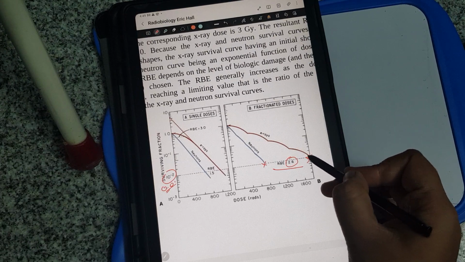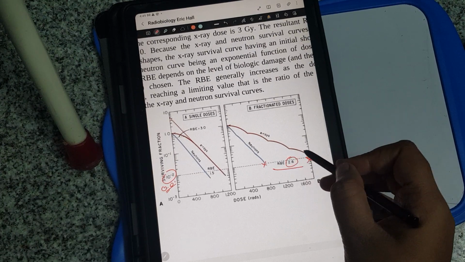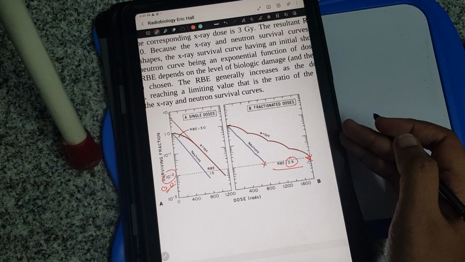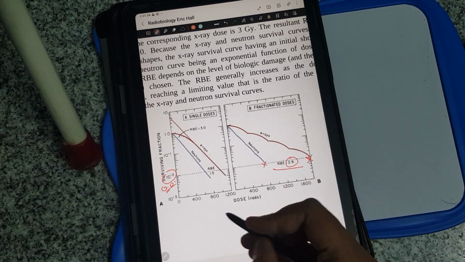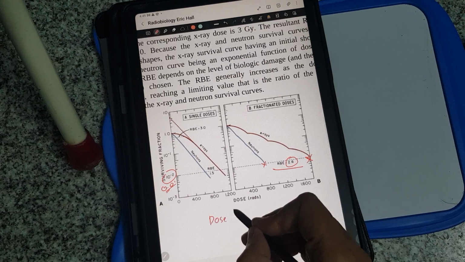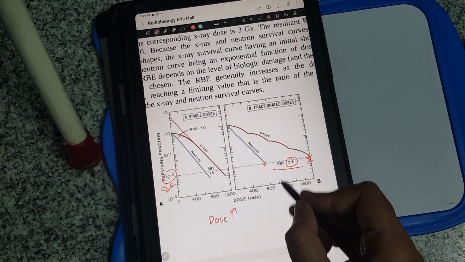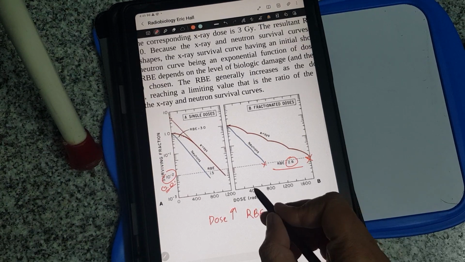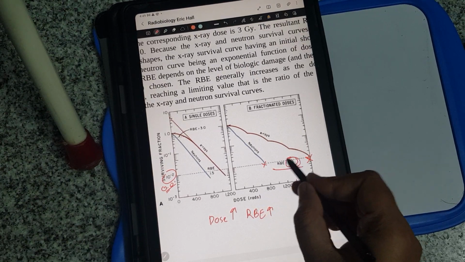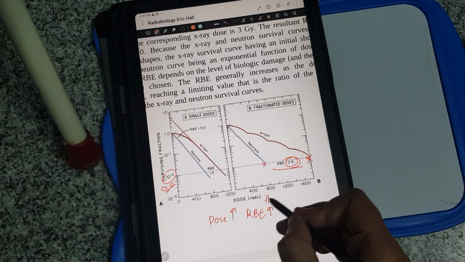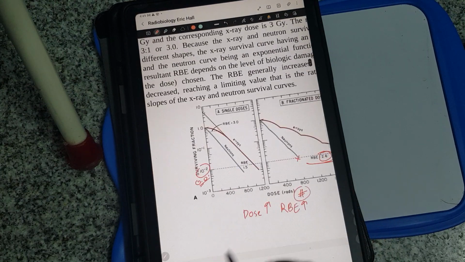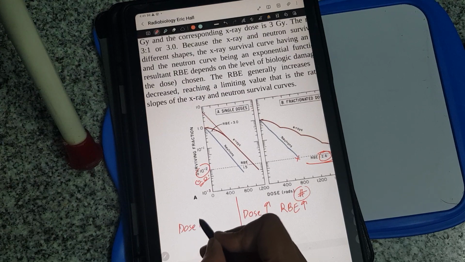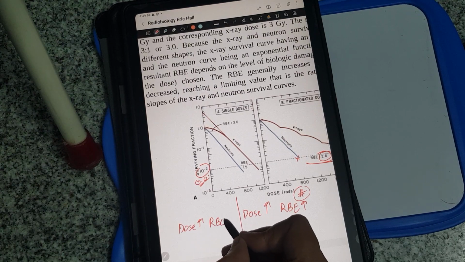So you require more X-rays as opposed to neutrons when you're giving fractionated dose. As you increase the dose in fractionated, the RBE increases. But in the single dose, as you increase the dose, the RBE is decreasing.